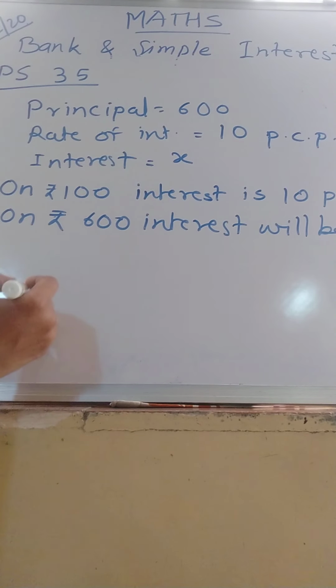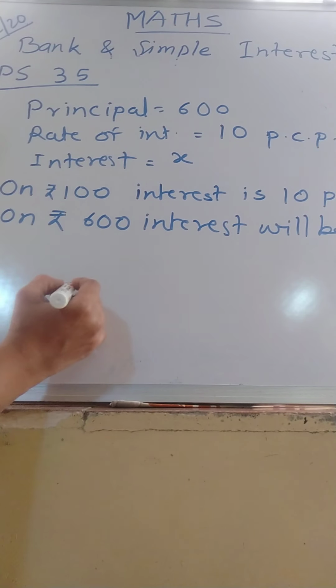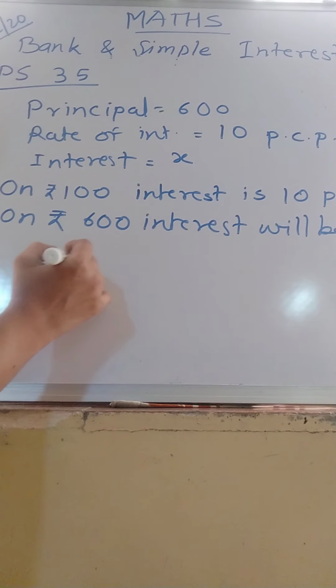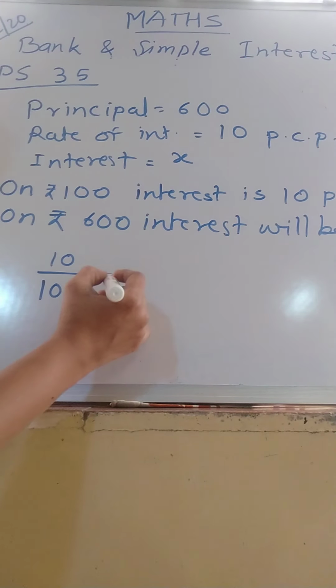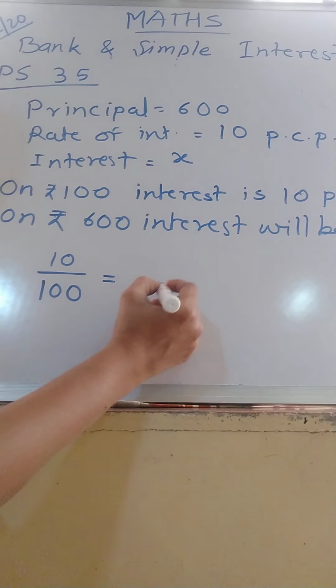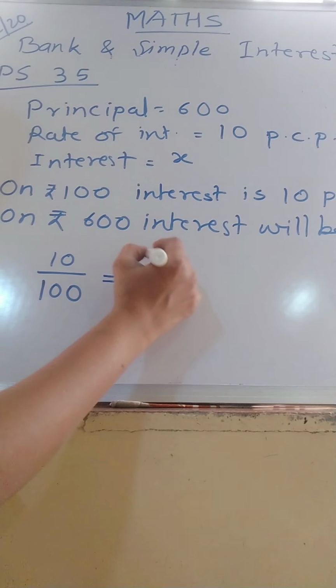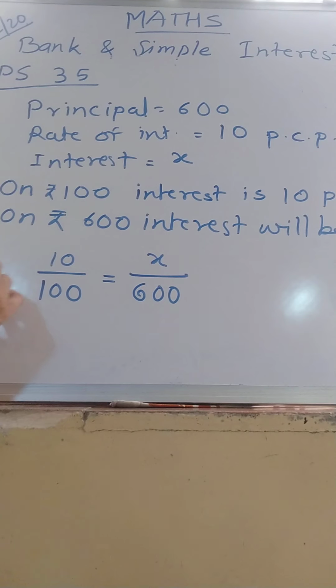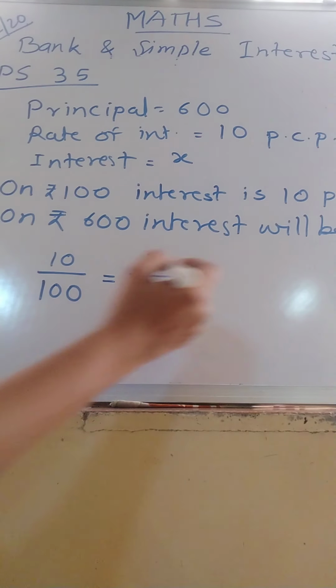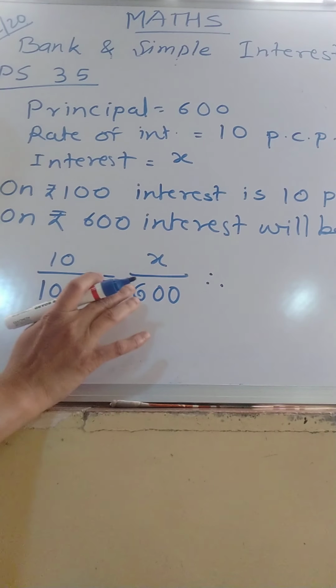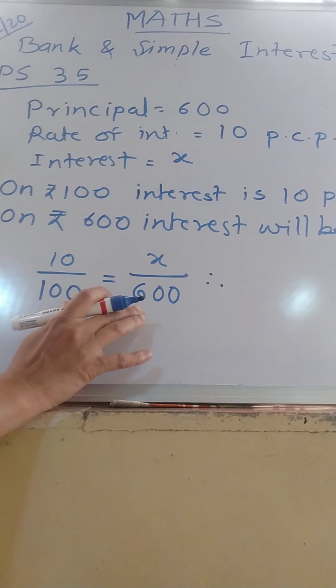So write in equation form: on 100 it is 10, so on 600 it is X, right?